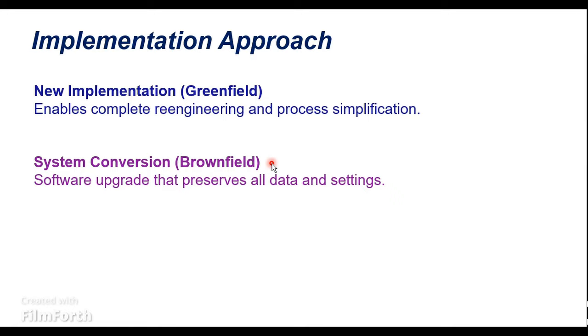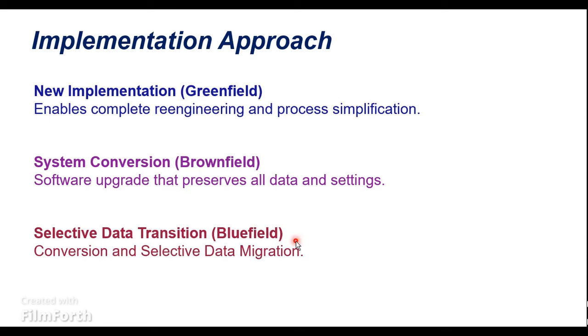In this implementation, we basically upgrade the software of the customer system, but we are not going to change any of the master data. Based on the simplification list, like migrating from ECC to S/4HANA, there might be a few simplifications that should be applied by the functional consultant. That will be taken care of during the implementation or conversion process.